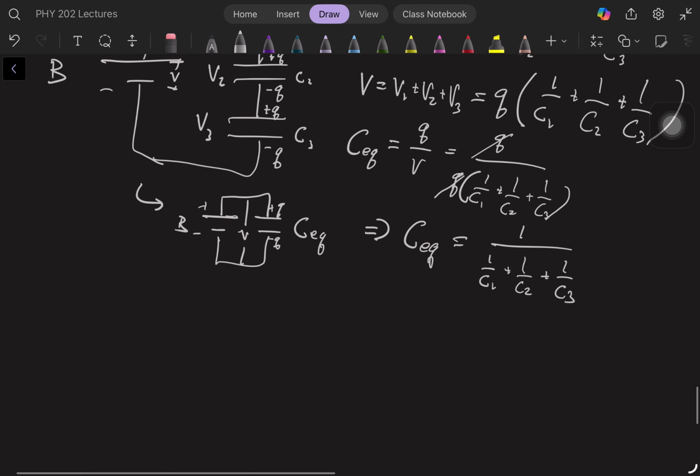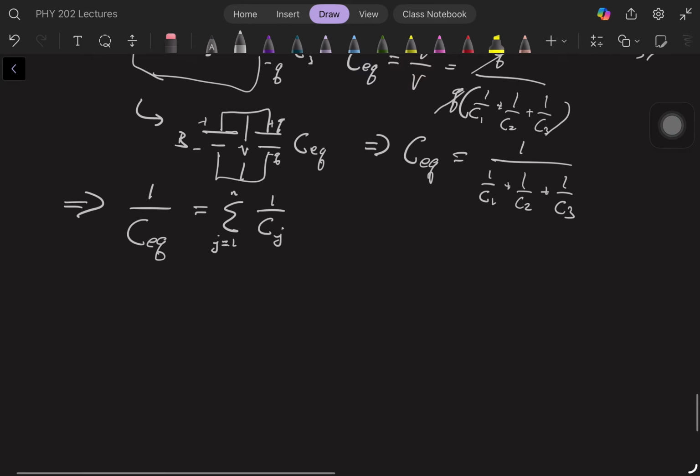Which I think is typically going to be rewritten as 1 over CEQ is equal to 1 over C1 plus 1 over C2 plus 1 over C3. So we can do the sum over j of 1 over Cj. That's the way it's typically written.